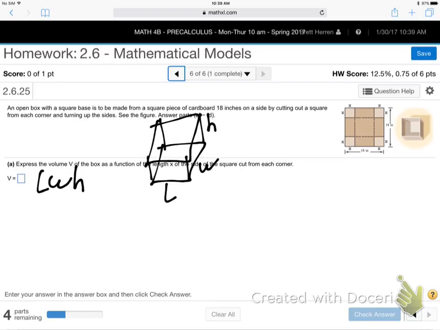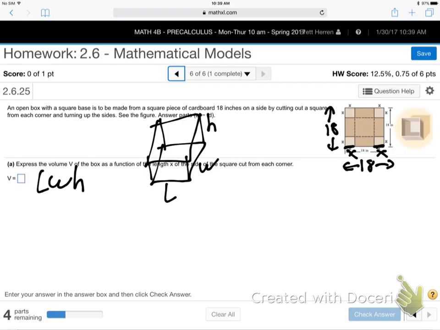Well, can you picture the picture over here? This is 18 total. Can you see that okay? It's kind of small, huh? The original was 18 from edge to edge, and same thing here, 18 edge to edge. But we're going to cut out a little x piece and a little x piece.